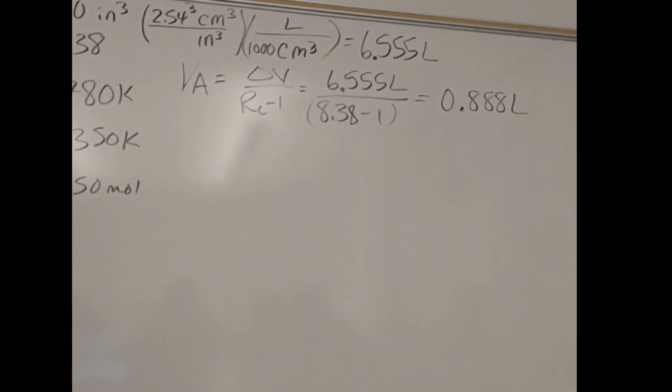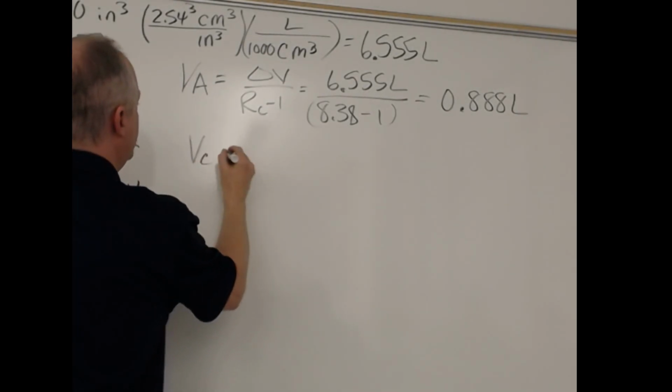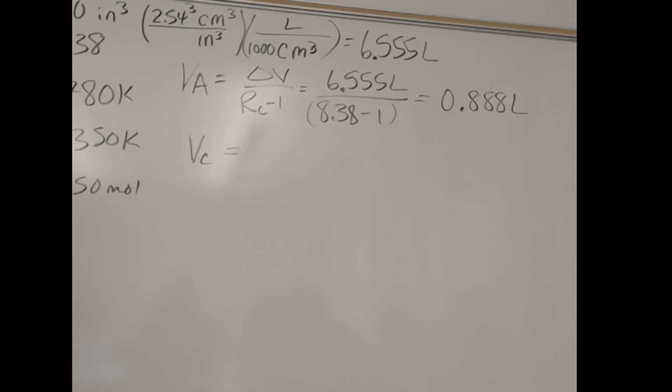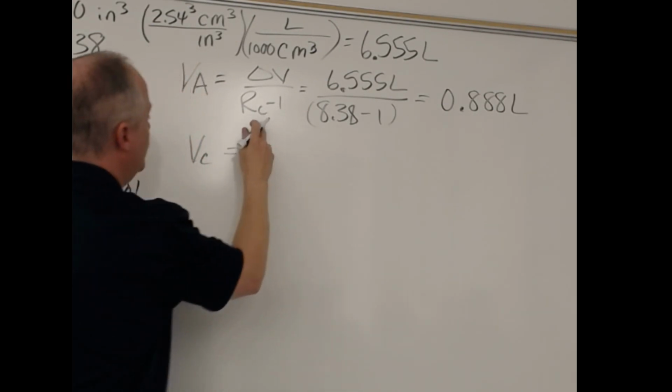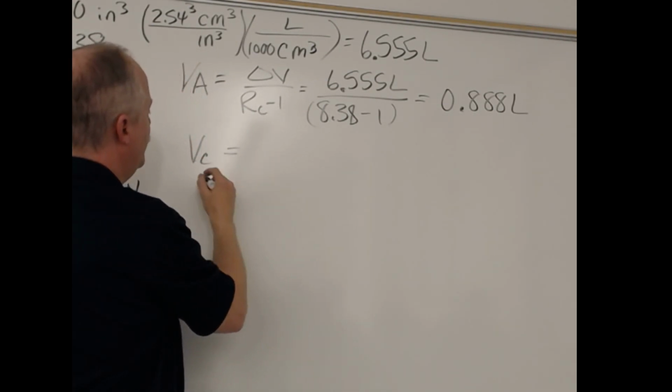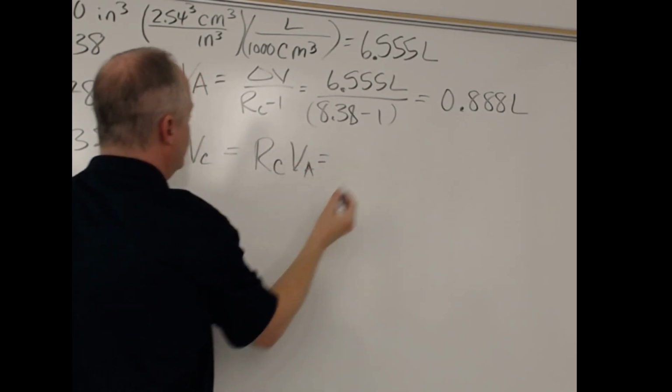And then delta V is VC minus VA, and so we can get VC. RC is VC over VA, so RC times VA gives us VC.